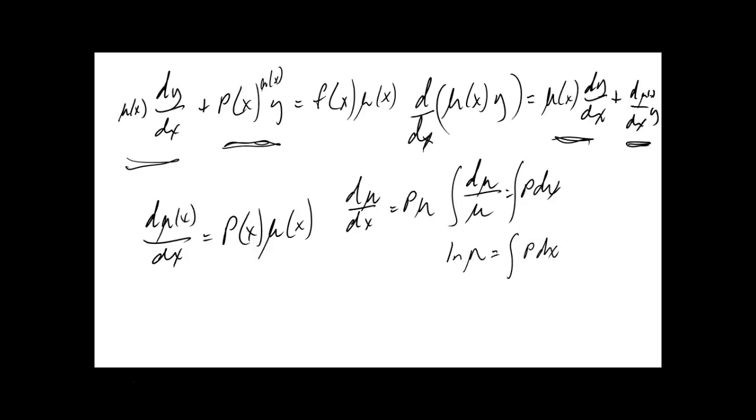But how do we isolate this mu here? How do you undo a log? Exponentiate. So this would give you mu is equal to e to the integral of p dx. Remember, p is a function of x. Hey, guess what? Every time you do that, you're going to make this function into a perfect derivative of a product.